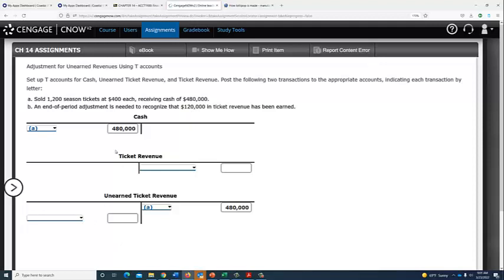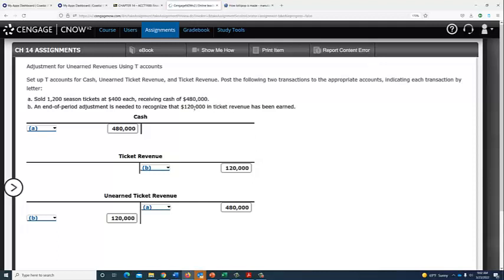So we're going to remove $120,000 from the unearned ticket revenue and actually take it into revenue in our ticket revenue account. Okay, so for this adjustment, read your passage carefully. This is telling you that you've earned $120,000, so that's the reason we put the $120,000 in the revenue account.